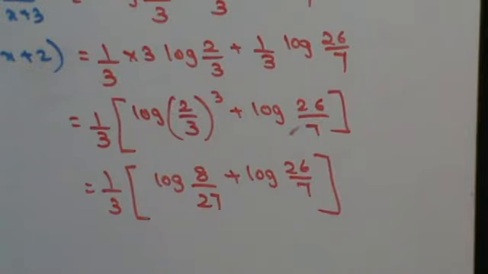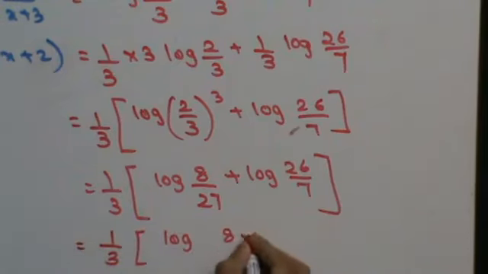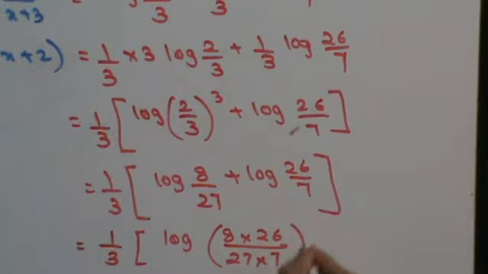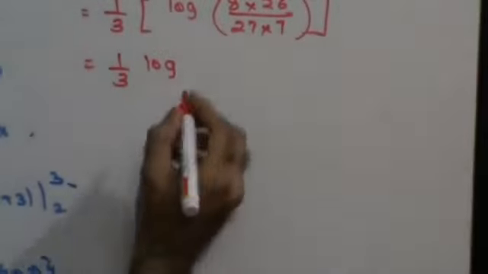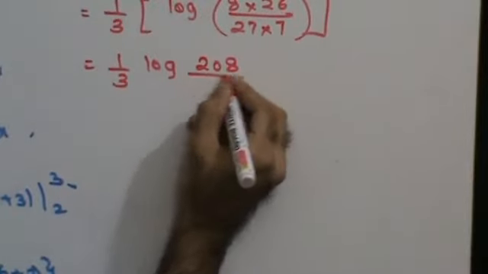Right? Now addition changes to multiplication, so this is going to be equal to 1 by 3 log 8 into 26 upon 27 into 7. So this is going to be 1 by 3 log of 208 by 189.